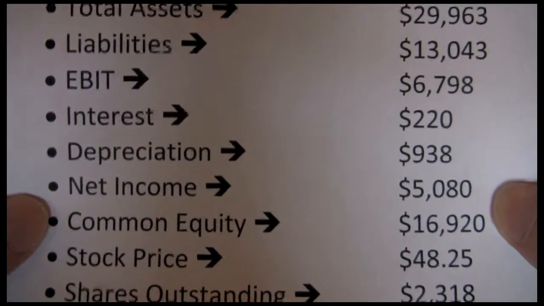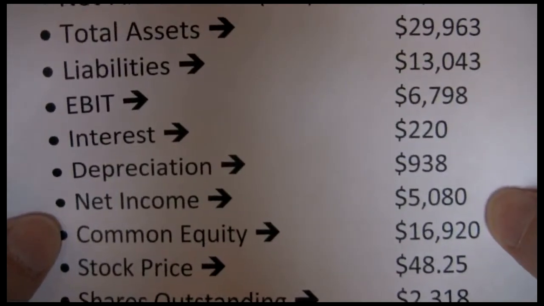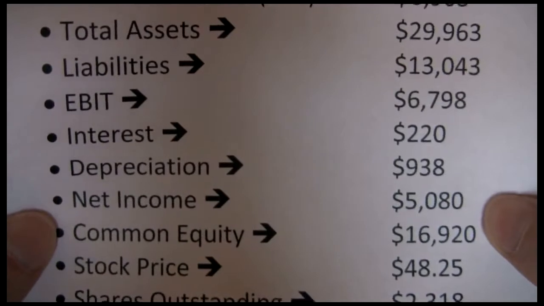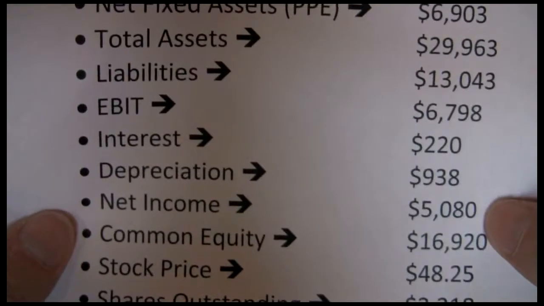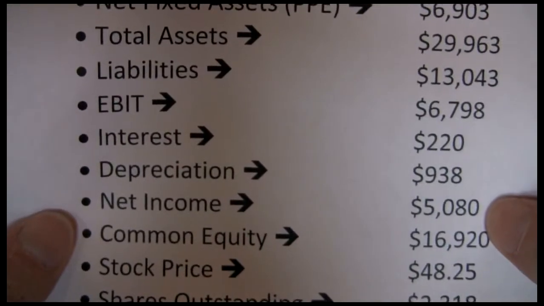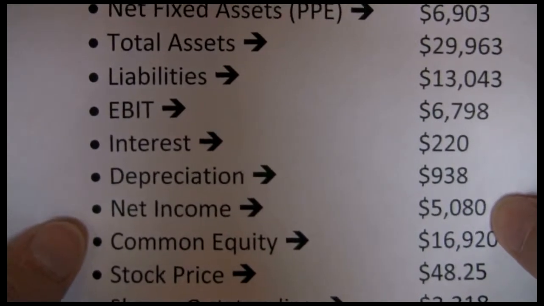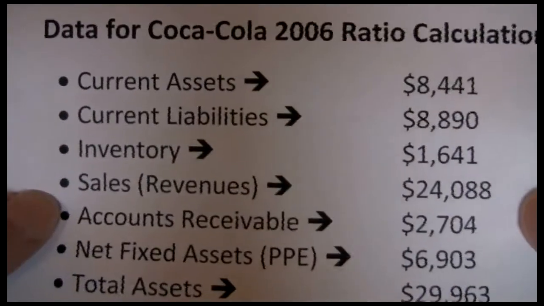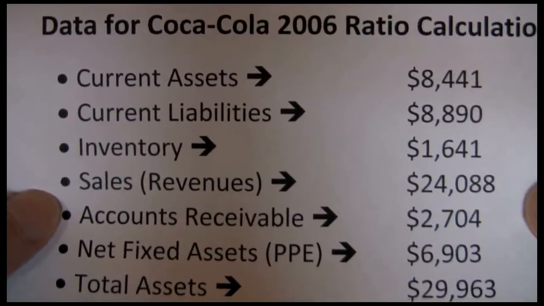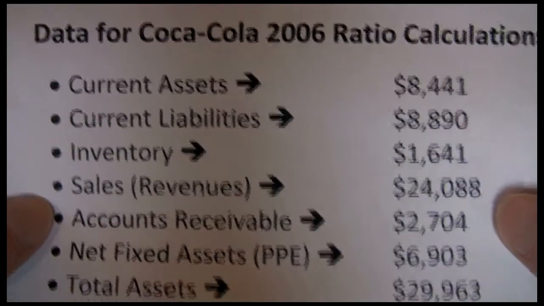So Coca-Cola actually had net income in 2006 of a little over $5 billion. But here we cut off all the zeros that we didn't need, so we have 5,080. So that's our net income. Our sales level was that 24,088. Sales and revenues are the same thing.